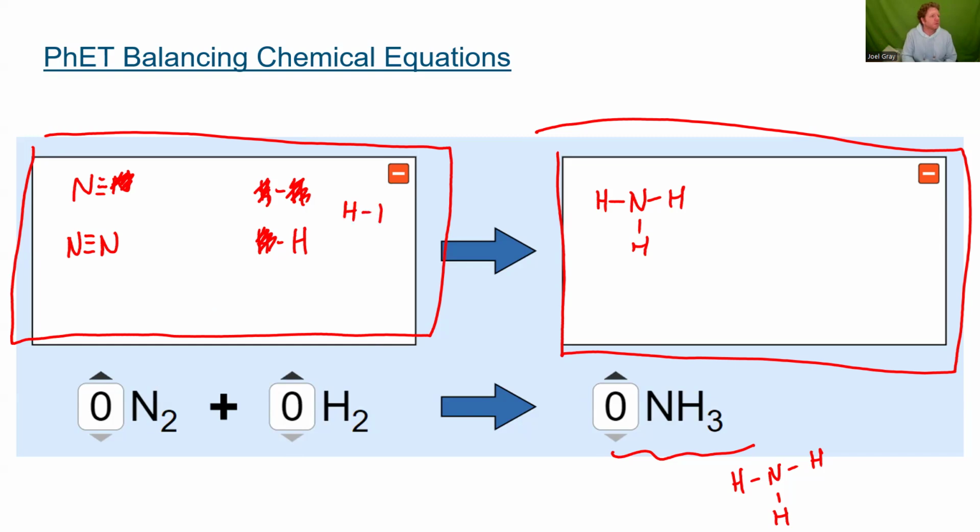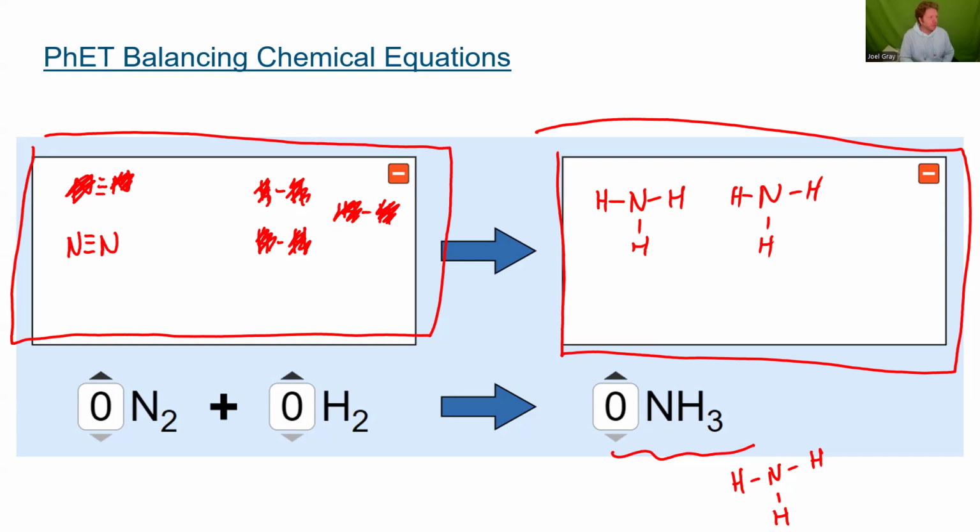So I can add another one. And whenever I do that, now I've got enough for another NH3. So I'll scribble these out. Okay, this looks to me like a really good ratio.